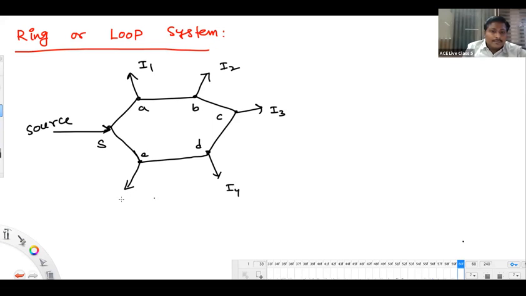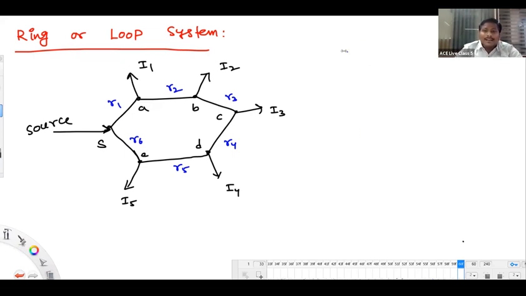The loop resistances of the sections are R1, R2, R3, R4, R5, R6.